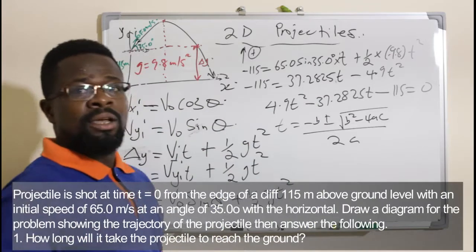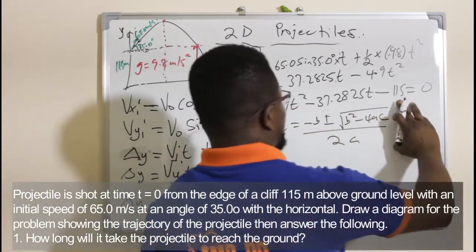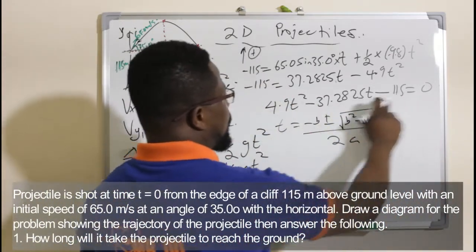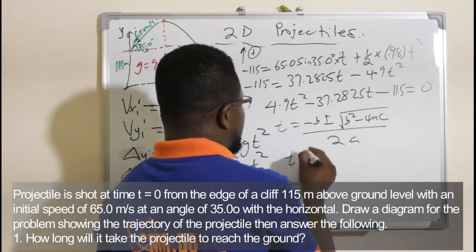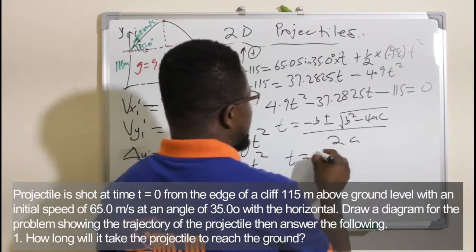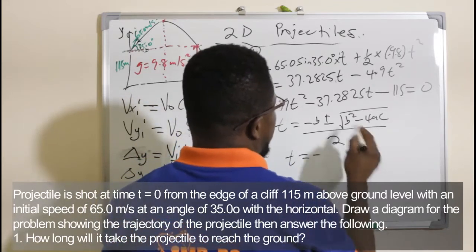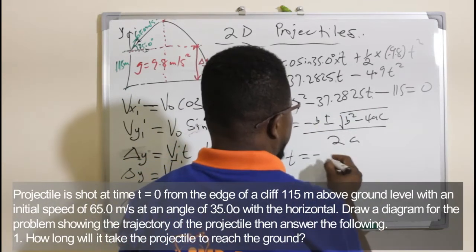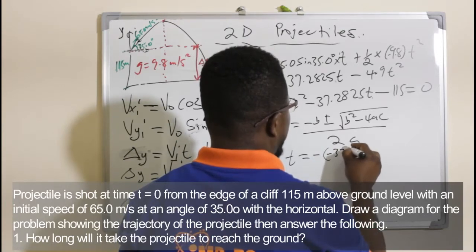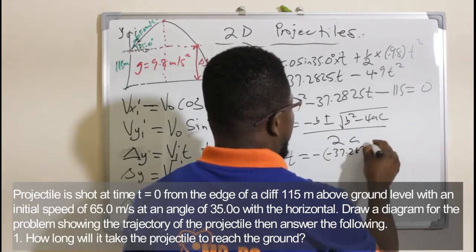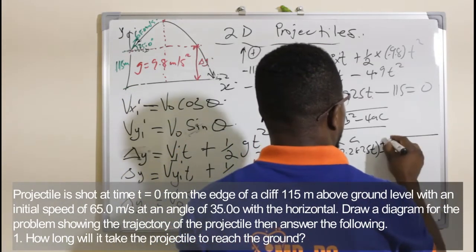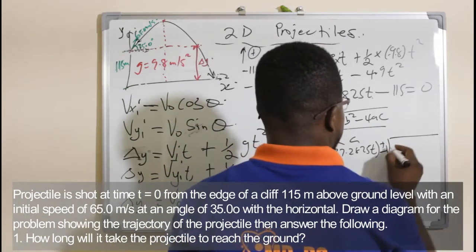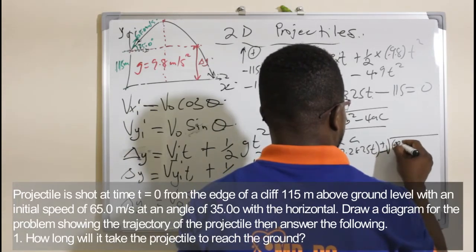And then you do the substitution and solve for your t. If I do the substitution, t is equal to negative b, where b is the coefficient of t, and that is negative 37.2825, plus or minus root of b squared, which is the whole thing there, negative 37.